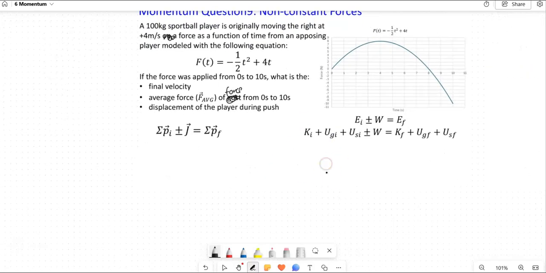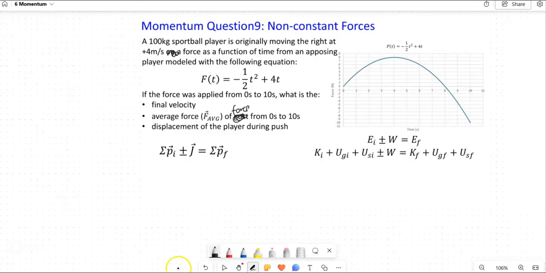Let's start off with momentum. Okay. Since we have mass, we have initial speed, and we're given a force and time, that is leading us to figuring out that final velocity, right? So the initial momentum of the sport ball player plus impulse is going to be equal to the final momentum of the player.